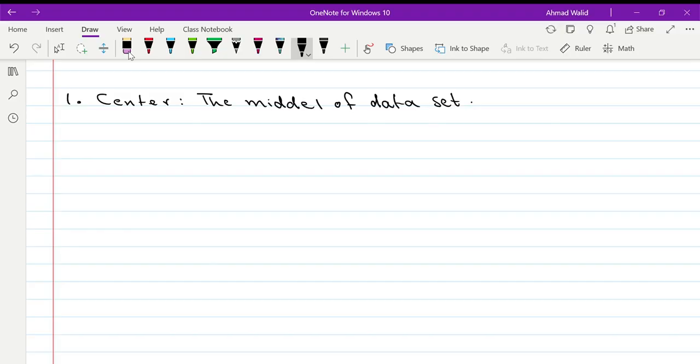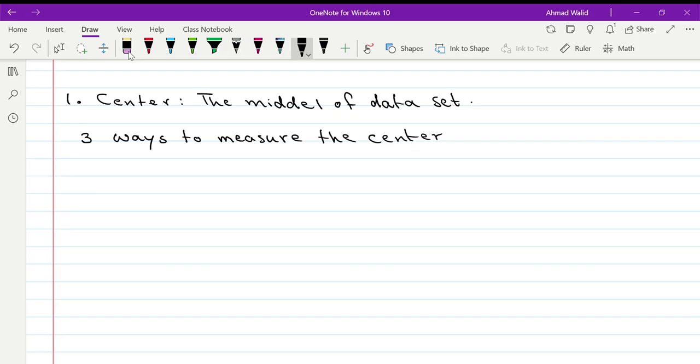Correct? There are 3 ways to measure the center. There are 3 ways that you can measure the center of a data set.